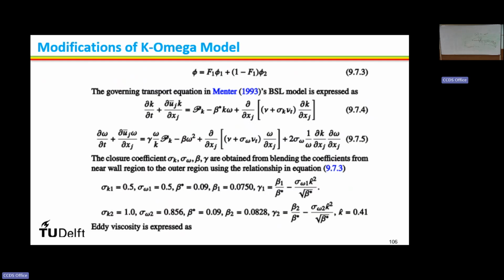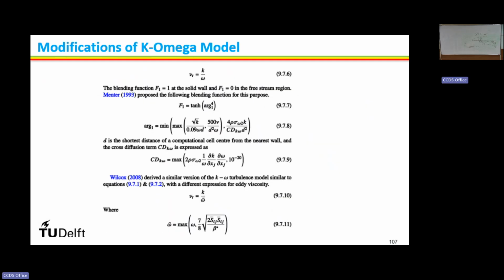The blending function f1, if you look, mostly depends upon the parameter d, that is the distance from the wall. The more the distance, the less the shear stress. If the distance is short, the shear stress is maximum, right? If I go close to the boundary layer, I'll get the maximum shear stress.